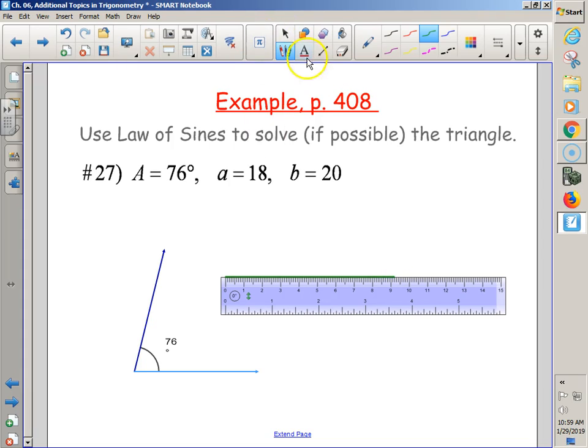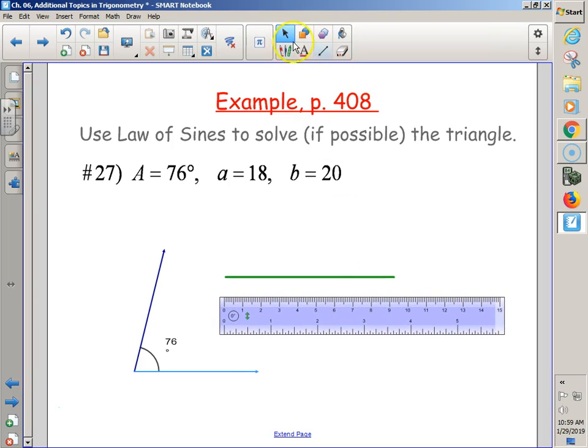And then let's use 20 half centimeters, which would be 10. It's a little bit over. I think that's about right.